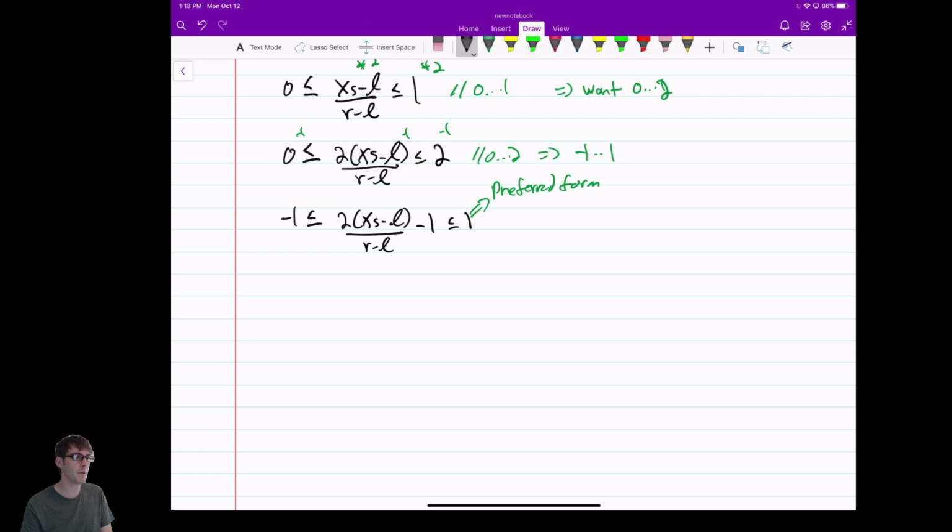So the first thing I'm going to do is convert this 1 here to a fraction so I can combine them. This is a trick you should have learned in high school.